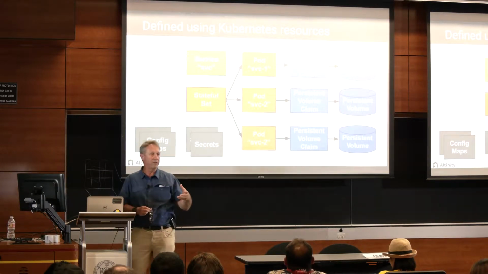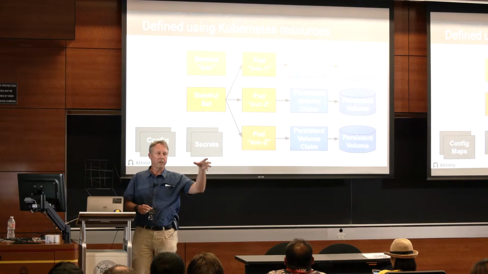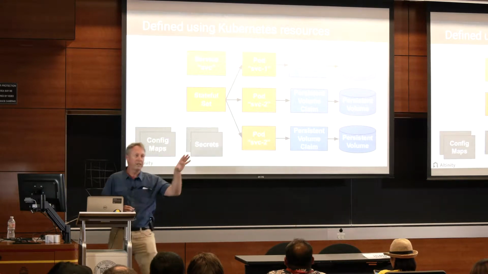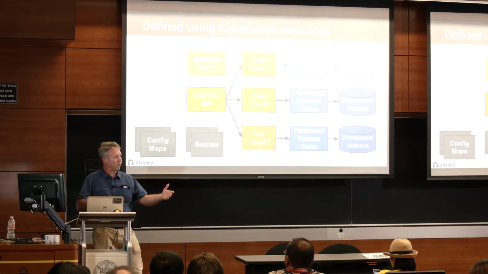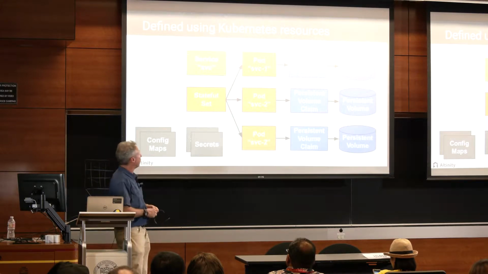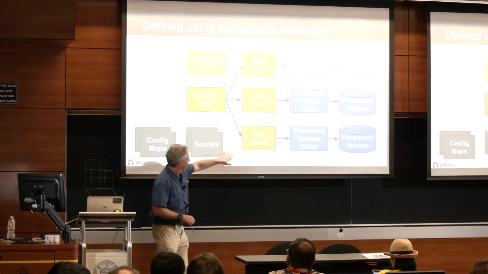You tell Kubernetes, hey, I want 20 gigabytes of X type of storage. That's called a claim. And if Kubernetes is correctly configured, it will go make that for you, and it will attach it to your pod. The next thing they have are these things called pods.